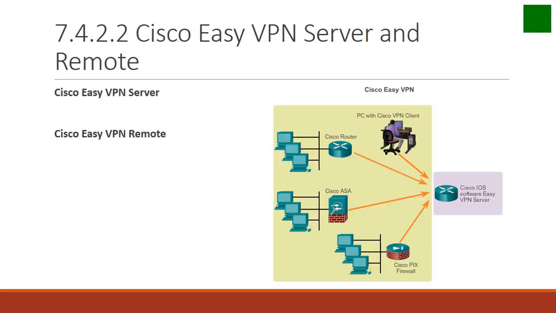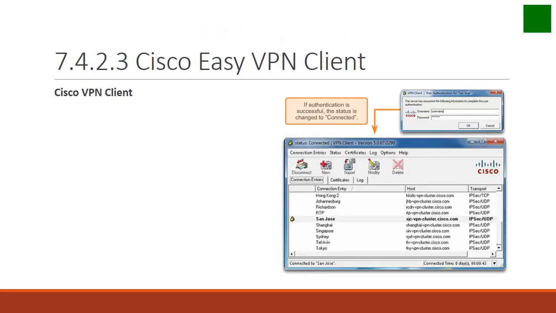In Cisco EasyVPN Server, the Cisco IOS router or Cisco ASA firewall acts as the VPN head-end device in site-to-site or remote access VPNs. The difference with Cisco EasyVPN Remote is that it acts as a remote VPN client. The Cisco VPN Client allows organizations to establish end-to-end encrypted VPN tunnels for secure connectivity for mobile employees or telecommuters.